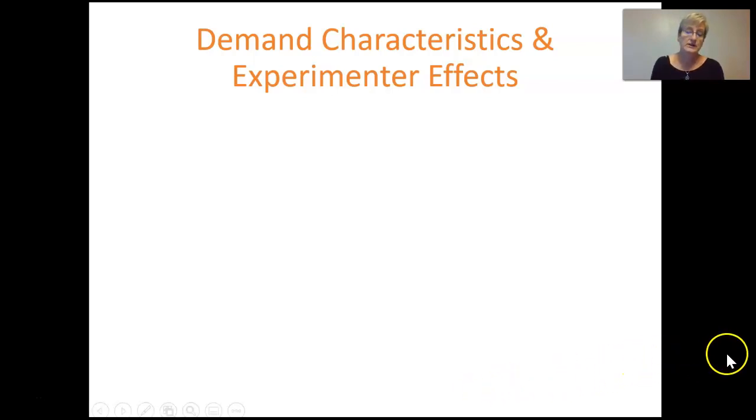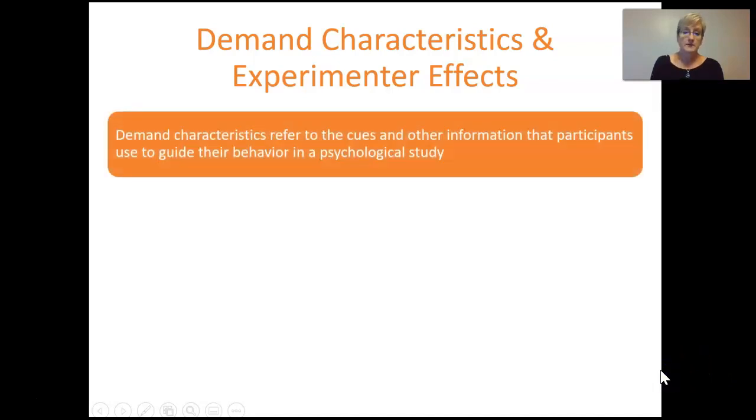Some other things that are threats to internal validity are what are called demand characteristics and experimenter effects. Demand characteristics, that's the label that we give to cues, hints, whatever that participants may pick up on in order to make inferences about what they're expecting in the study.